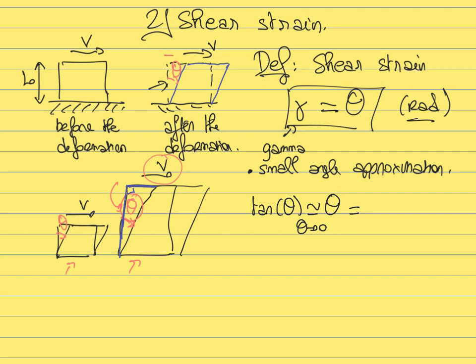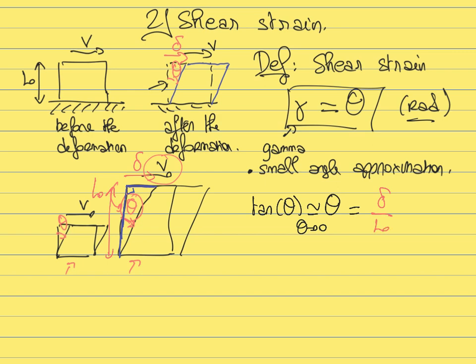We are going to define first here the lateral displacement of the beam due to the shear. So this is going to be delta. And we have already defined L naught, which is the initial longitudinal length of the beam. So we are going to say that tangent theta, this is the opposite side, so this is delta, divided by the initial length of the beam. This is L naught.